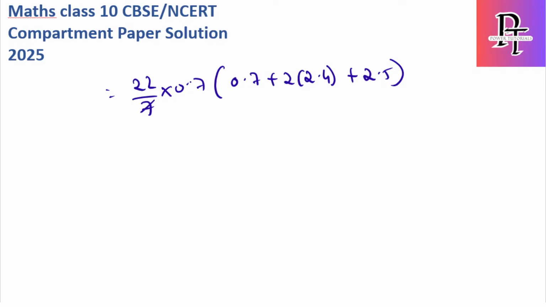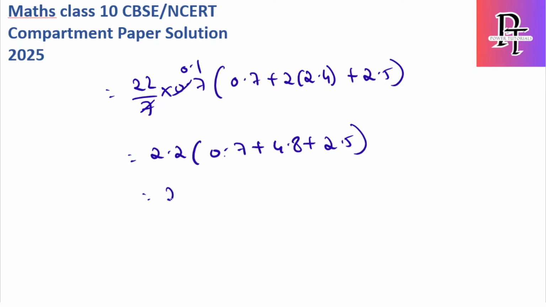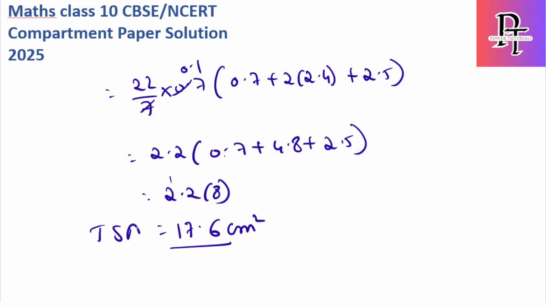So 7 sevens cancel, we get 2.2 into 0.7 plus 4.8 plus 2.5. So 0.7 plus 4.8 becomes 5.5, 5.5 plus 2.5 is 8. So you get 2.2 into 8, which is 17.6. So the answer is 17.6 centimeter square, the TSA value.